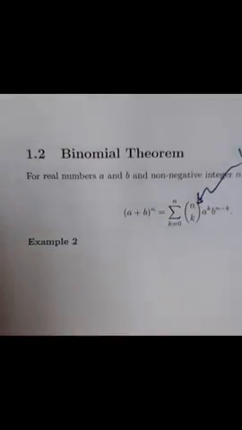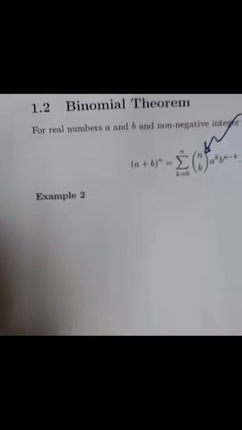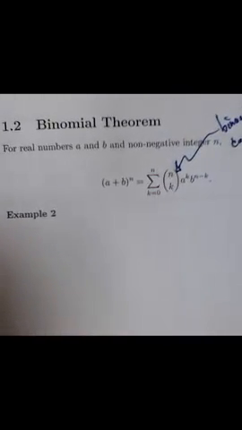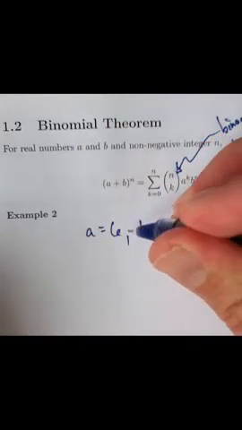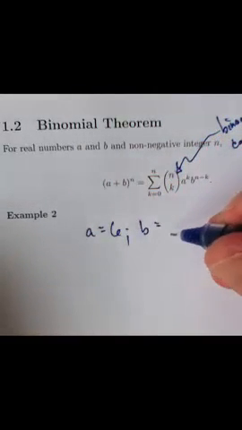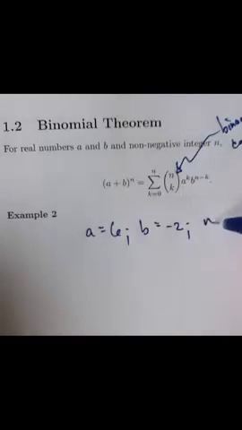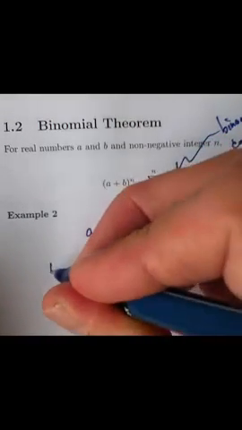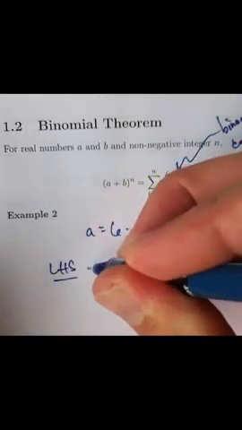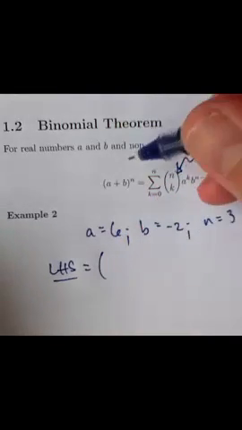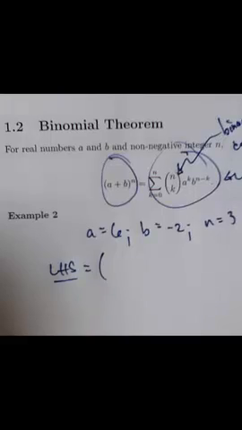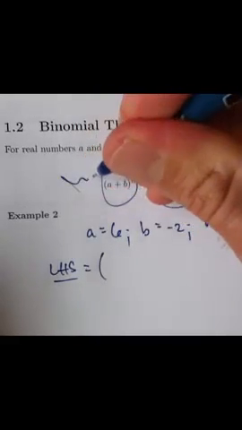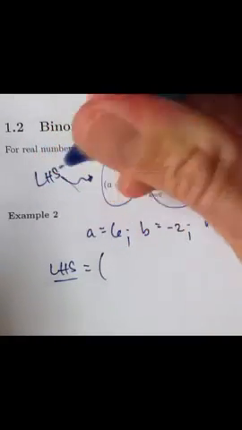Just for a little example, so that you see that this actually works. Suppose that a equals 6, say, and b equals, I don't know, -2, and maybe n equals 3. Then this is the left-hand side, and this is the right-hand side.